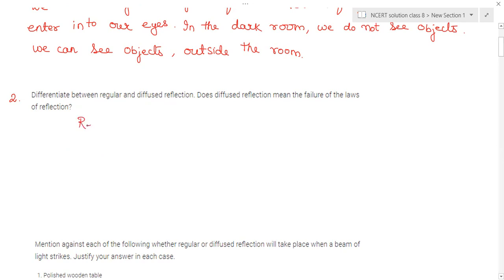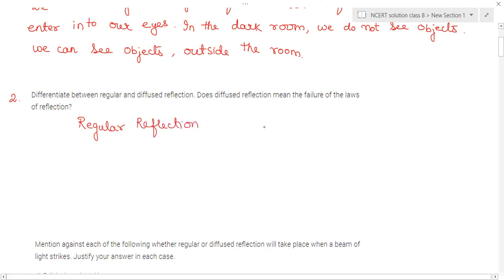You can make a table like this, regular reflection and here we can write diffused reflection. You can also make a figure if you want to, depending on the marks that the question is for.